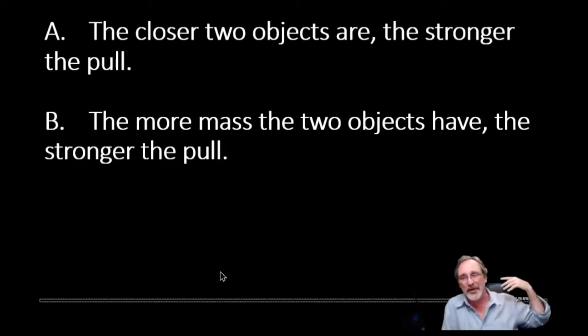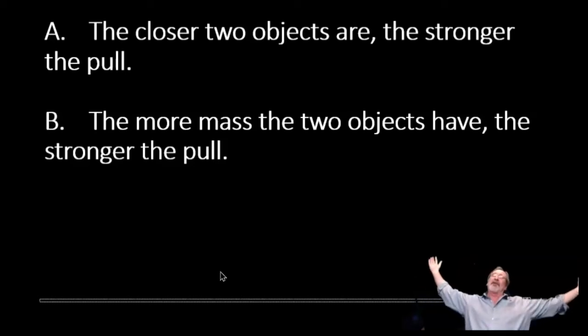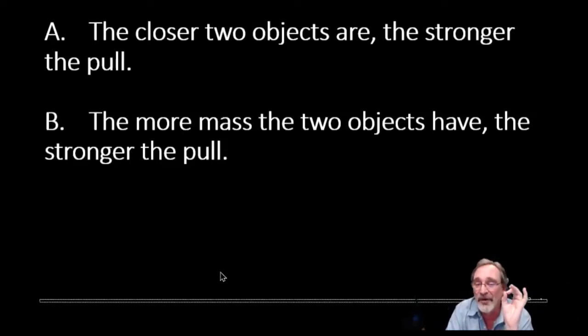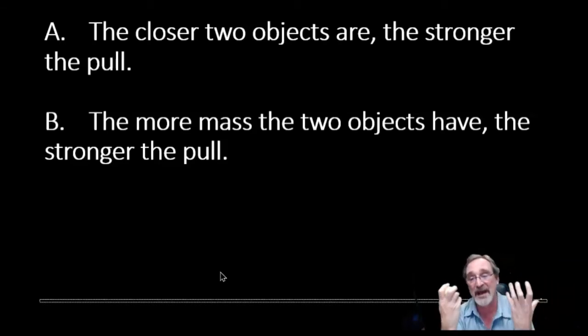Or on the planet Jupiter, you weigh way more, and you couldn't even stand up, even if you weren't falling into this gaseous world. So the gravitational pull depends on how far the two things are apart and how massive they are, okay? And the closer they are, the stronger the pull and the more mass you have.